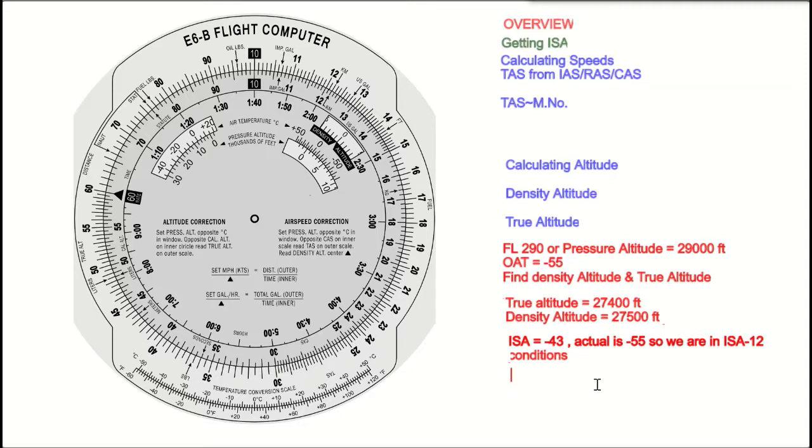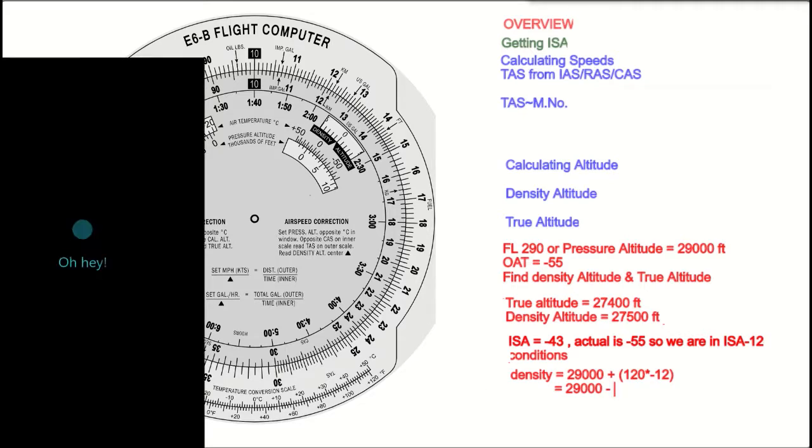Density altitude is equal to 29,000 feet plus 120 multiplied by minus 12. That will give us 29,000 minus 120 into 12. Let's see how much is it.